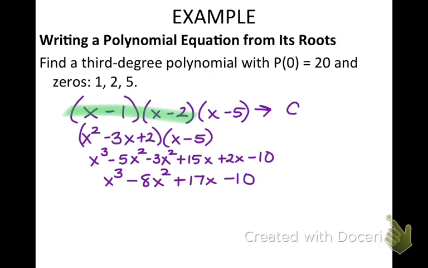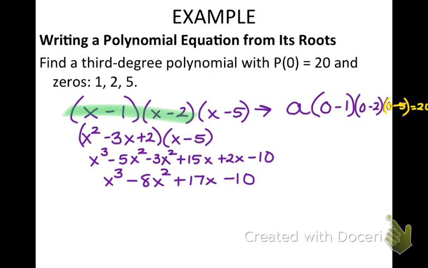I'm going to make a be that number, so some number a times my polynomial, with 0 input for x, so 0 minus 1, 0 minus 2, 0 minus 5, needs to equal 20. Can you guys see that?